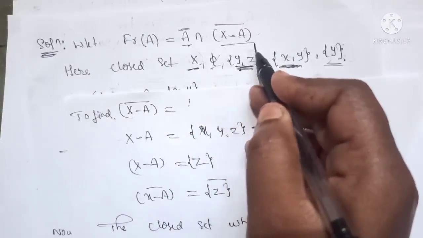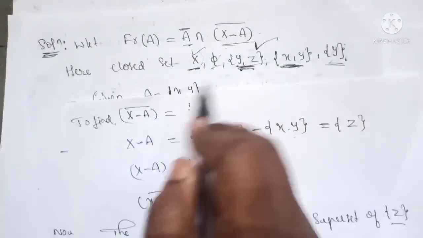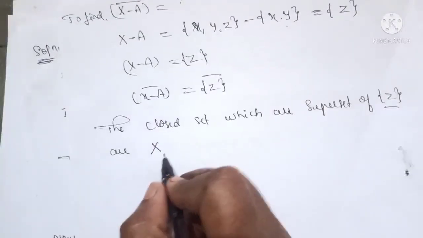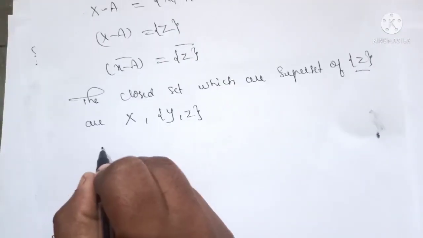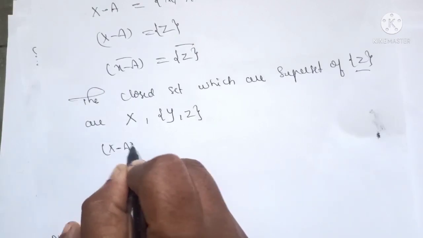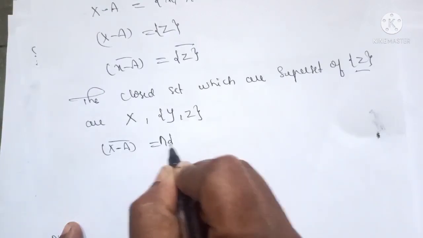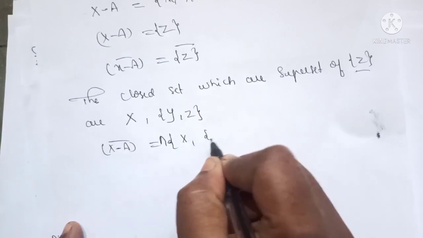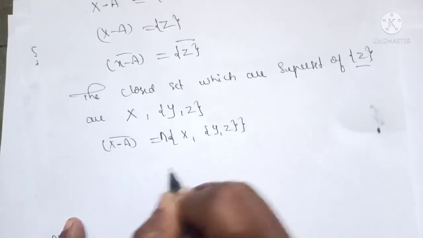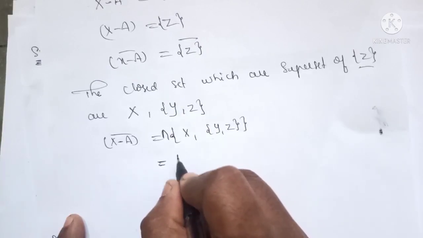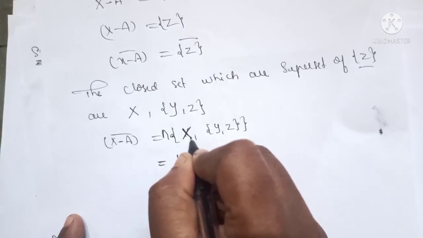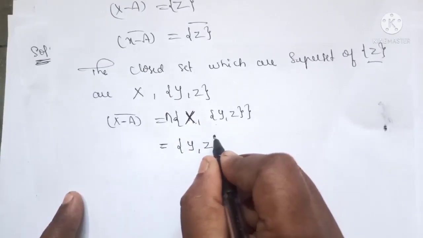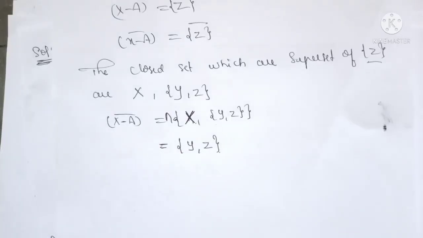We consider this one X, and one more we have {y, z}. So X minus A closure is the intersection of the sets X and {y, z}. Taking the intersection, we get, this is not an element, it is a set, so we get {y, z}. Now we got X minus A closure is {y, z}.